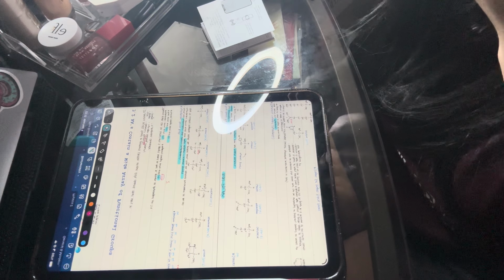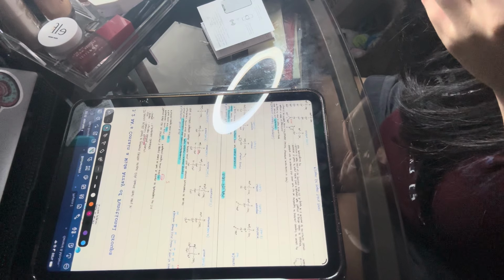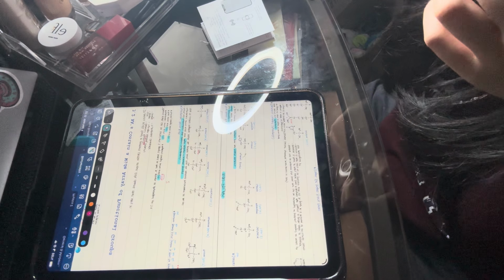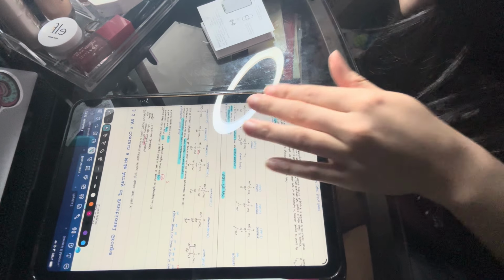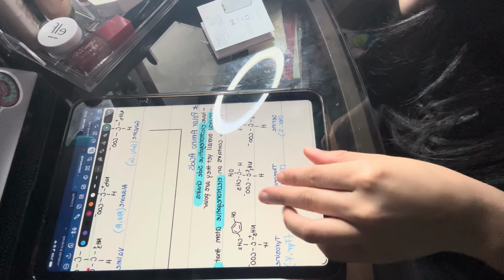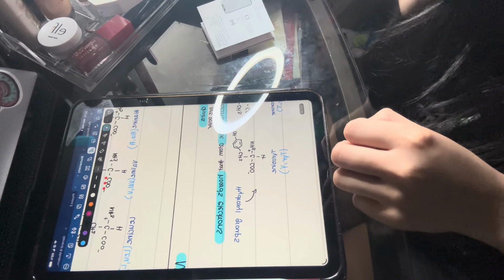The first one in this category is serine, then threonine, then tyrosine.